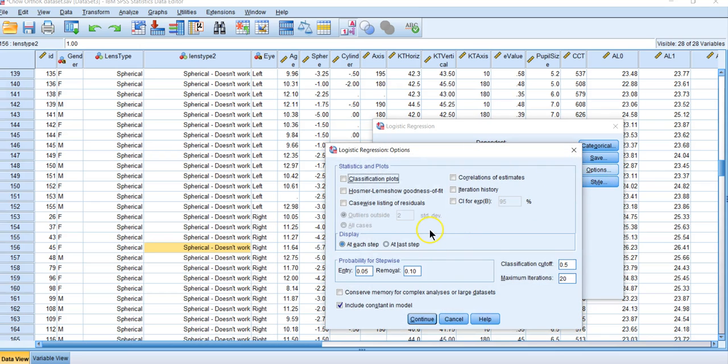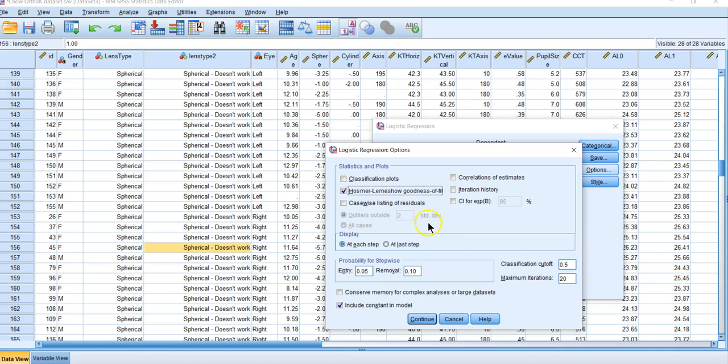Under options, I don't believe Hosmer-Lemeshow will work in multiple regression. We'll type that just to see, but I don't quite understand how it could, because it's breaking down a single x value and we have multiple x's.